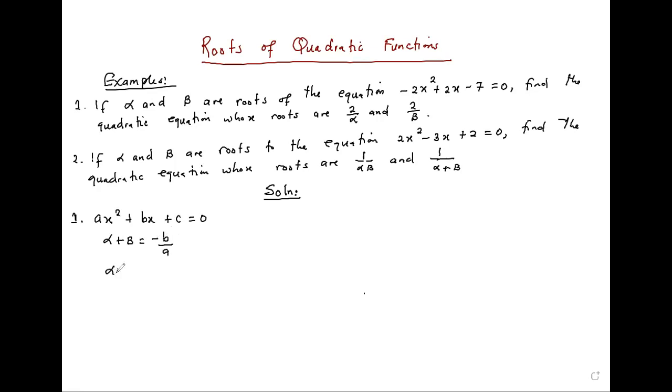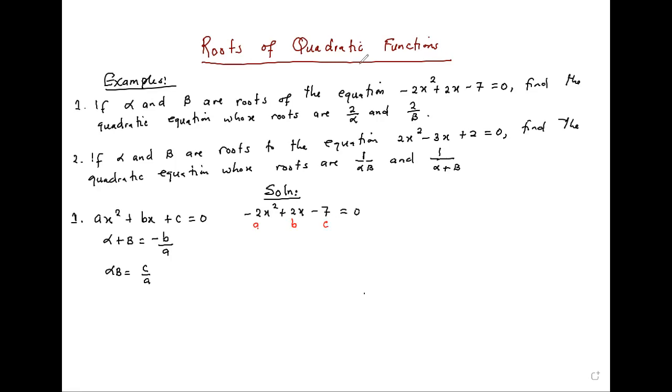And the product is going to be c over a. So given -2x squared plus 2x minus 7 is equal to 0, this tells us that a is -2, b is +2, c is -7.